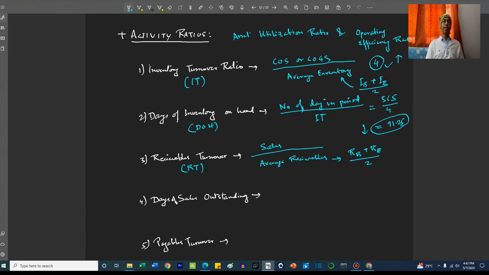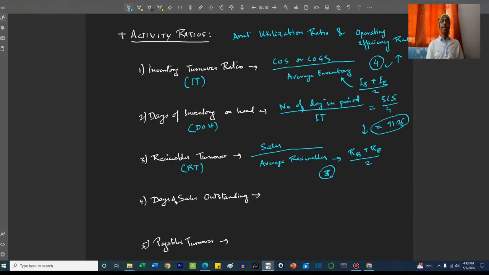Now let's say this number is 3. Sales by average receivables is 3. This means at any time 1/3 of the sales is outstanding in terms of receivables. So the money has not yet come to the account, or the money for that has not been received yet.